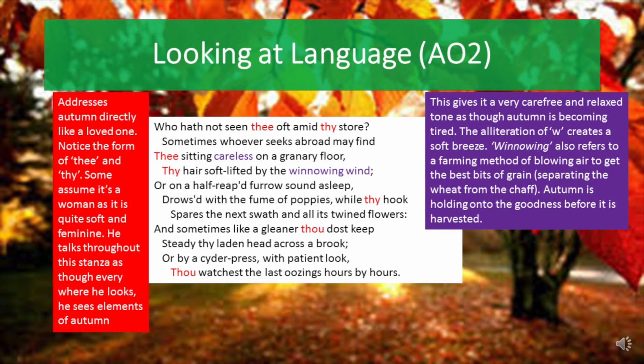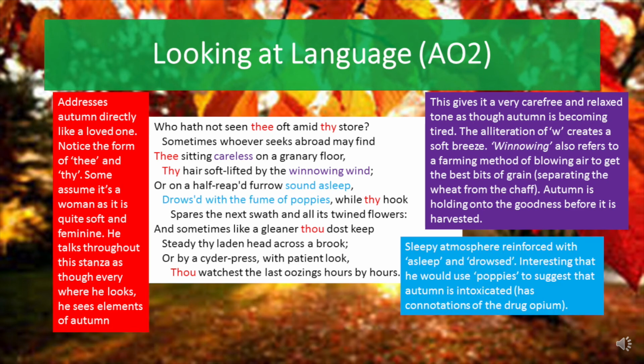I said before about separating the wheat from the chaff, so the good from the bad. So it's almost like autumn is holding on to the last bit of goodness before it's harvested, before it's taken away. But you can just see right at the beginning, can't you? "Thee sitting careless on a granary floor, thy hair soft lifted by the winnowing wind." It's really, really calm and relaxed as you read it.